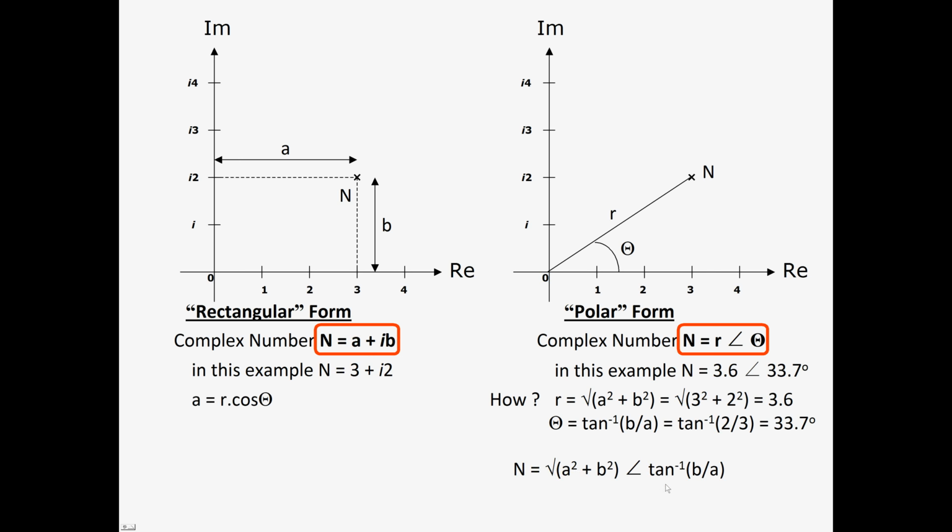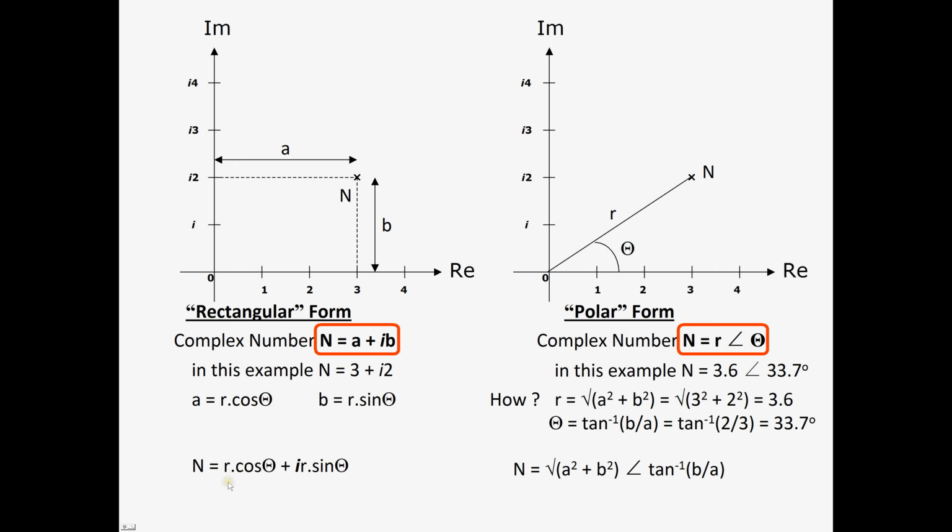Similarly, if we want to go the other way and convert from the polar form into the rectangular form, we can replace the value a by r cos theta. From simple trigonometry we know that this distance a, divided by r, would be the cosine of angle theta, so a itself would be r multiplied by cos theta, and similarly b is r sine theta.